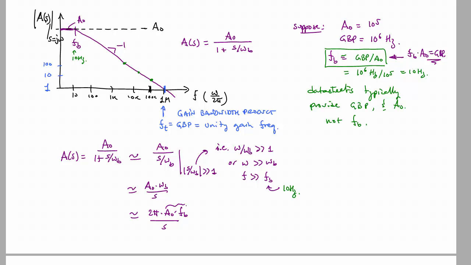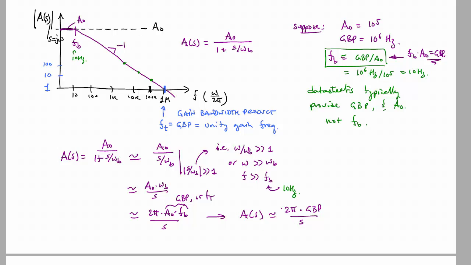This right here is the gain bandwidth product, or ft. So we can approximate A of s as being approximately equal to 2 pi times the gain bandwidth product divided by s.